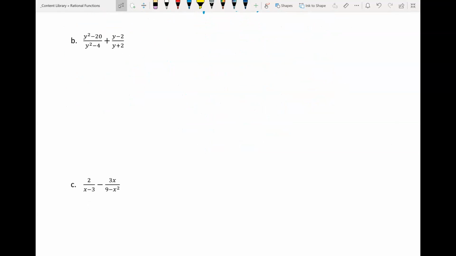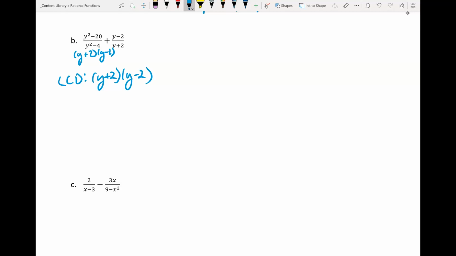For our second one here, before I state my LCD, I'm going to factor y squared minus 4 because this is the difference of squares. So that'll be y plus 2, y minus 2. So then for our LCD, we already have the y minus 2 in common between the two rationals, but we don't have a y minus 2 in the other one, and we have to.